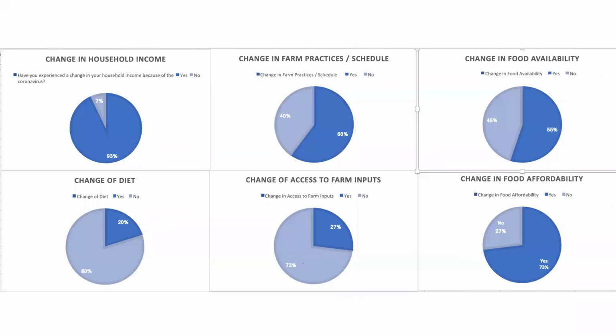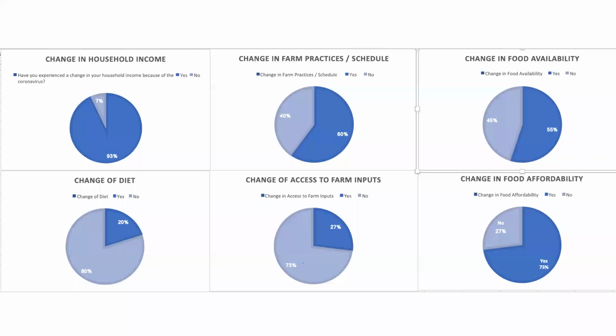This is some very preliminary data coming out from our interviews across different agroclimatic zones and provinces throughout China. This is from 55 key informants in different smallholder households.